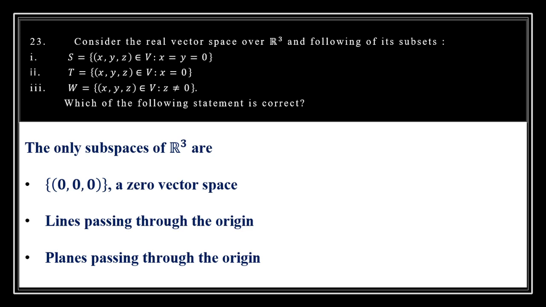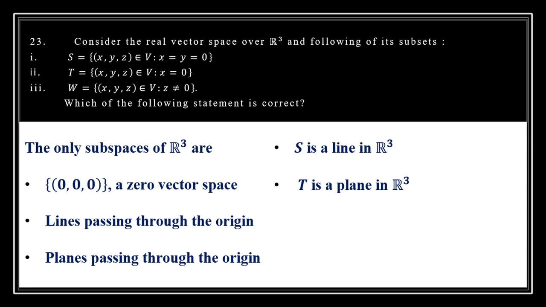Planes passing through the origin means the set of all (x, y, z) belonging to V, where x is equal to 0 or y is equal to 0 or z is equal to 0. Here also x is equal to y is equal to 0 or y is equal to z is equal to 0 or x is equal to z is equal to 0, those are the lines passing through the origin. Therefore, S is a line in R3, T is a plane in R3.